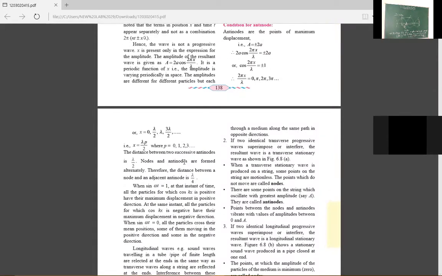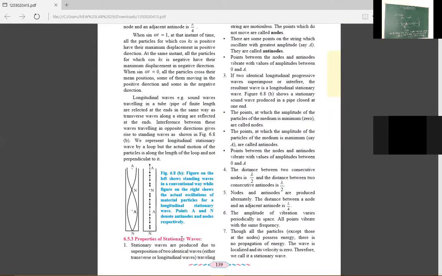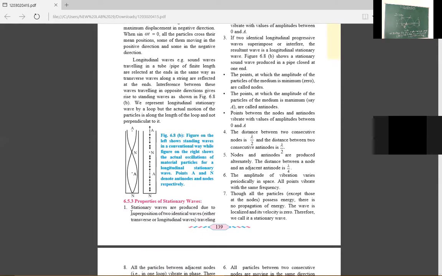So let's see the properties of stationary wave. मैं जो point बोलूँगा वो हमेशा आपको याद रखना है. Here we have the properties of stationary wave. Okay, so first property says that stationary waves are produced due to superposition of two identical waves traveling on a same path but in opposite direction. ये तो समझा first point सबको?